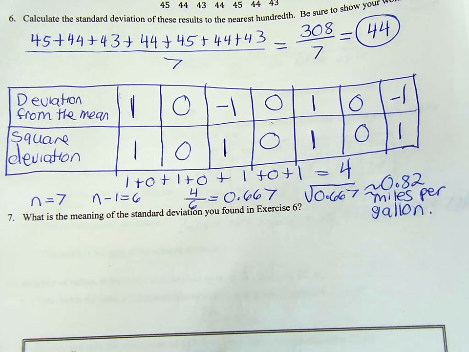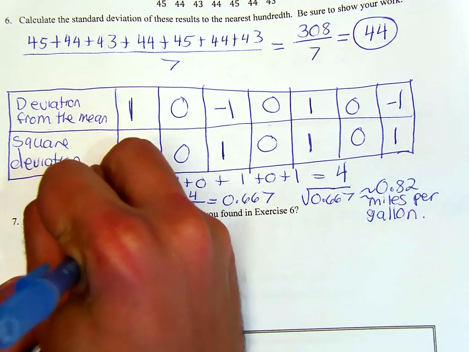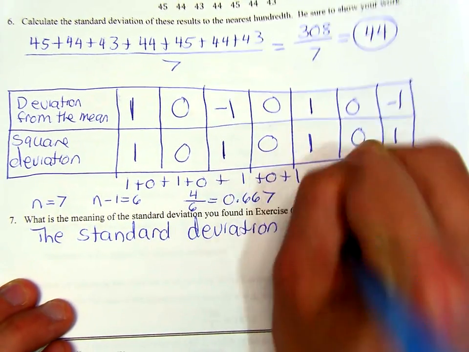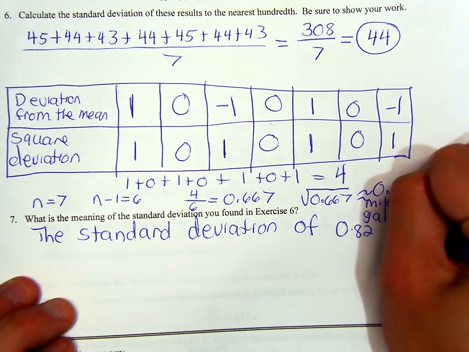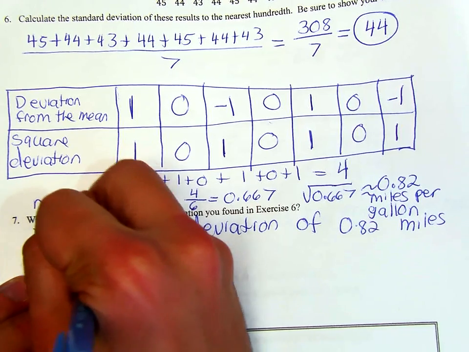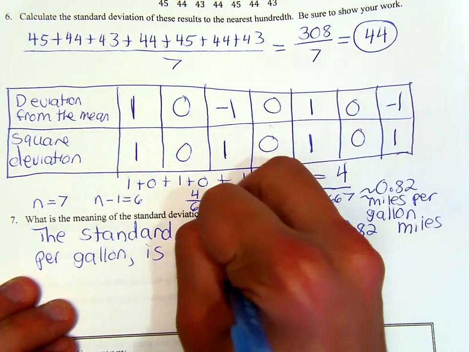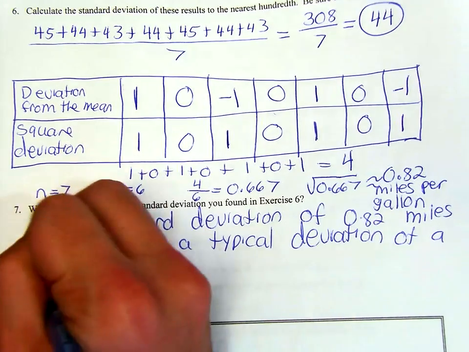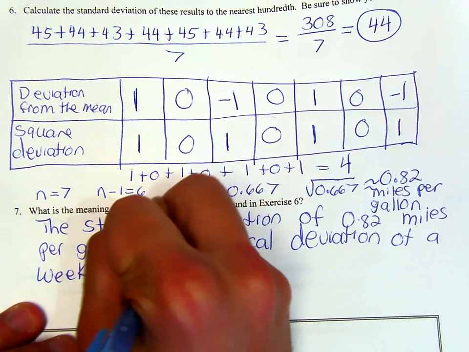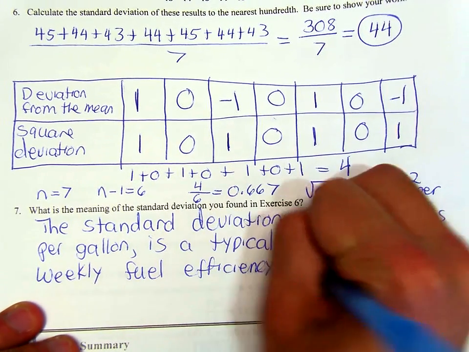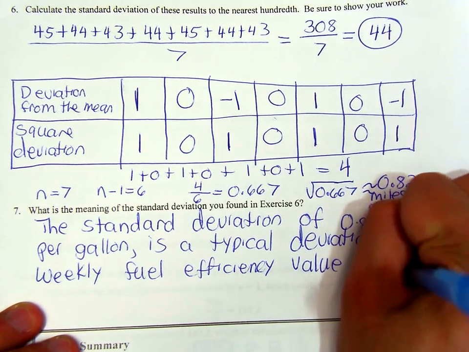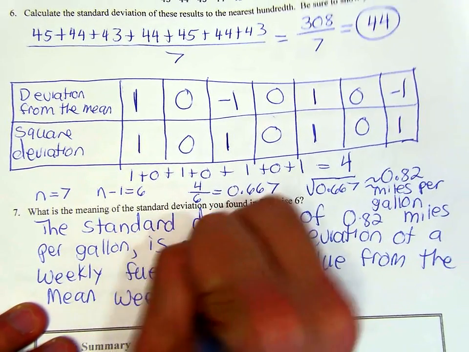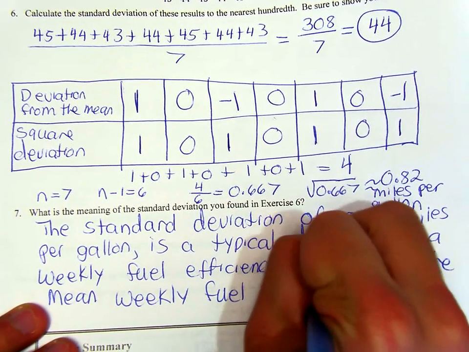So if our standard deviation is 0.82 miles per gallon, that means that the standard deviation of 0.82 miles per gallon is a typical deviation of a weekly fuel efficiency value from the mean weekly fuel efficiency.